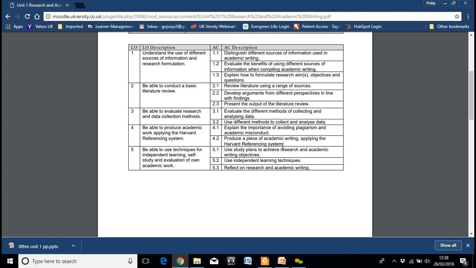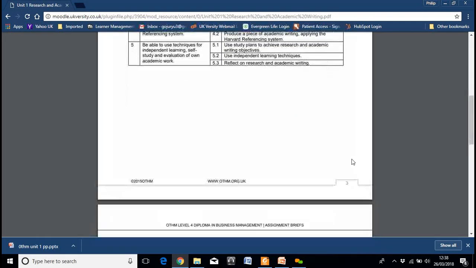Again, produce a piece of academic writing applying Harvard referencing system. Use study plans to achieve research and academic writing objectives. Use independent learning techniques. Now, a lot of that is done via using other sources besides the ones that have been indicated.